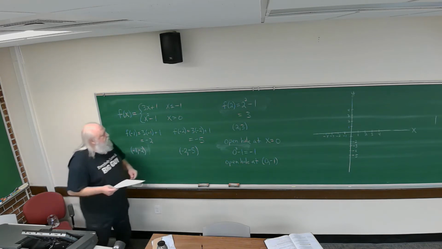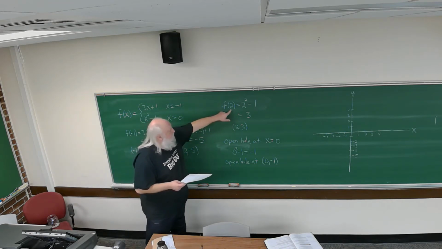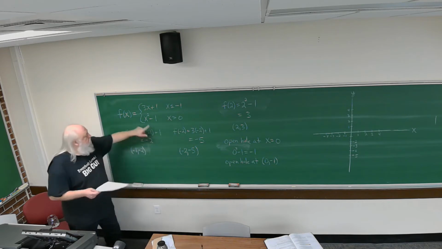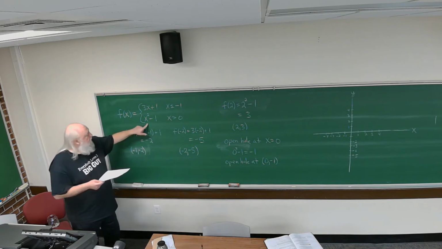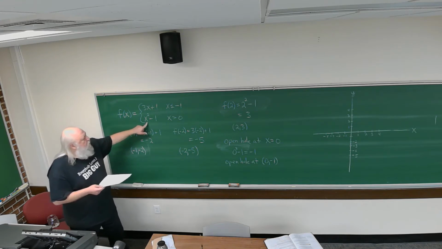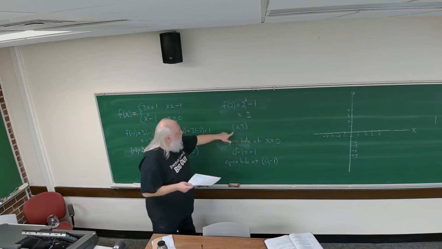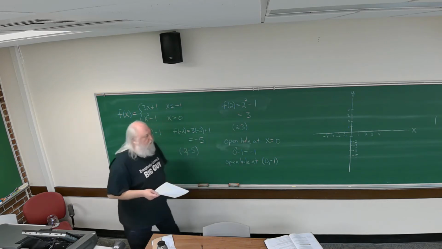To evaluate the function at x equals 2, f of 2, well, 2 is greater than 0, so we use the second formula, and we put in 2 for x. We have f of 2 is equal to 2 squared minus 1, which is 3, and so the point 2, 3 is on the graph.